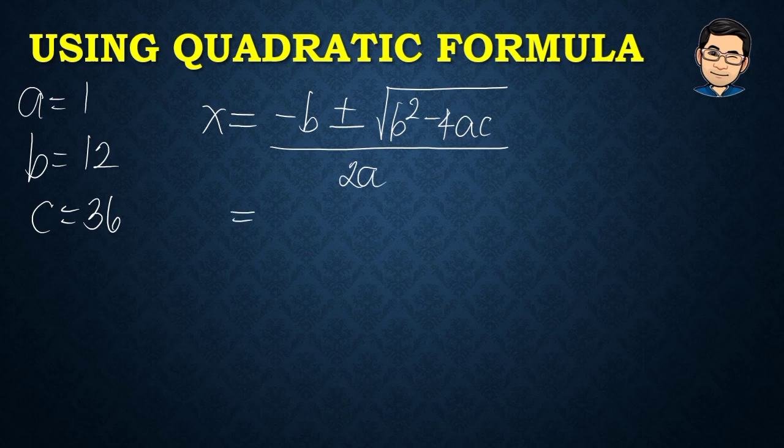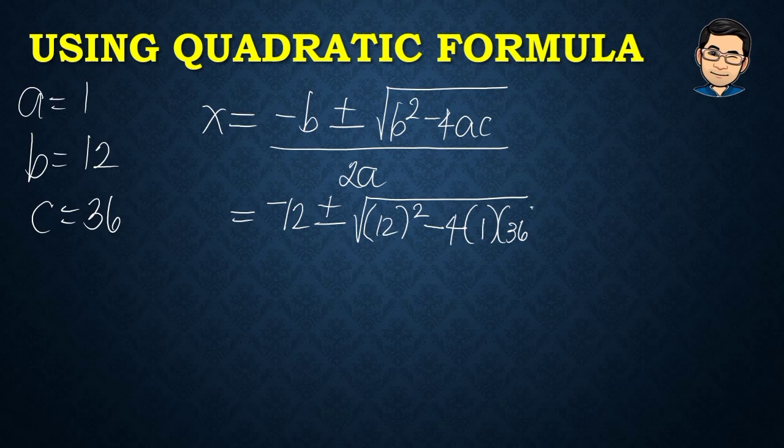So, substitute lang natin yung mga values ng a, b, c sa formula. Negative b, so magiging negative 12, plus minus the square root of b, that is 12 squared minus 4 times 1 times 36, all over 2 times 1.